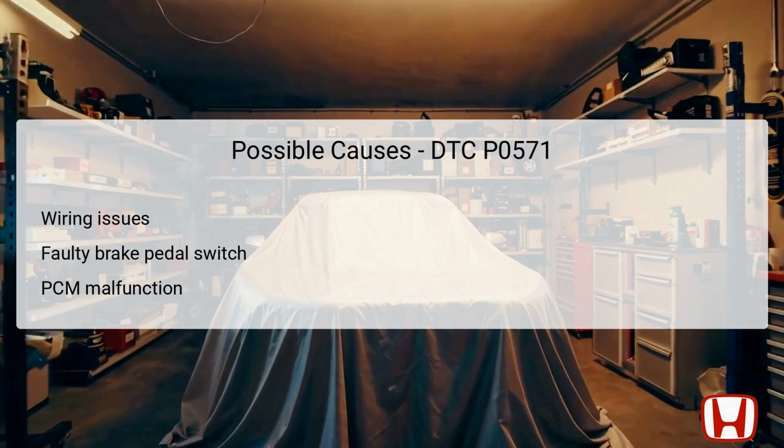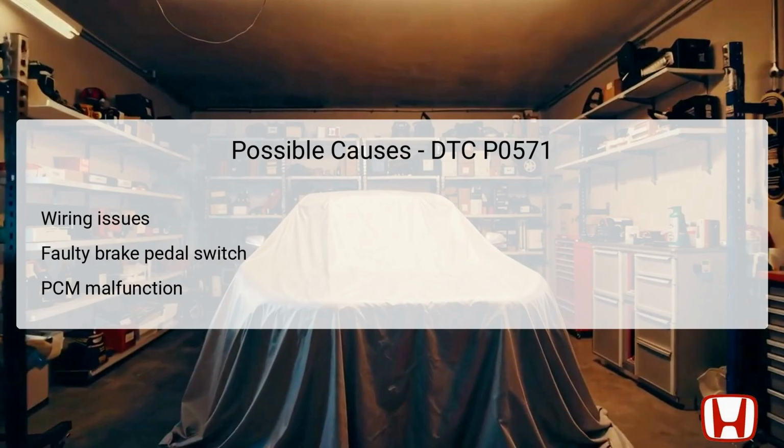One primary cause could be wiring issues within the circuit, affecting the communication between the brake pedal position switch and the PCM. Damaged or corroded wiring can disrupt voltage signals, leading to inconsistencies. Another potential cause is a faulty brake pedal position switch itself. If the switch fails to provide accurate signals to the PCM, the system interprets this malfunction and triggers the DTC.